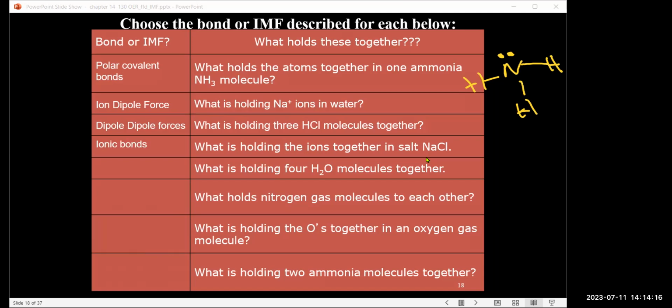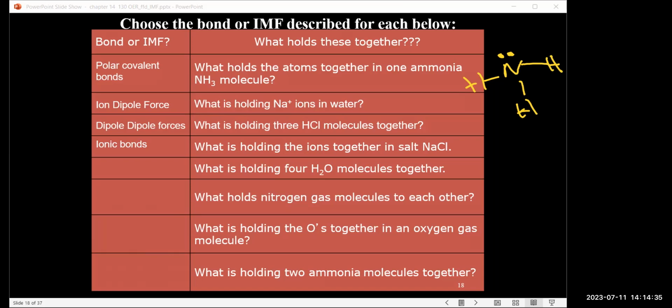What is holding four H2O molecules together? Let's break it down. We're talking about four H2O molecules together, so again we're dealing with intermolecular forces. H2O is extremely polar.